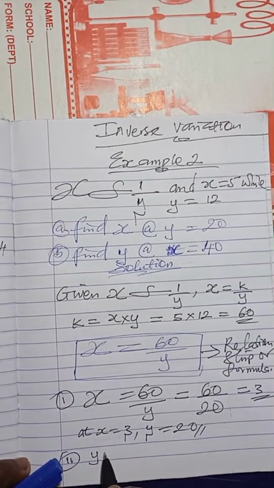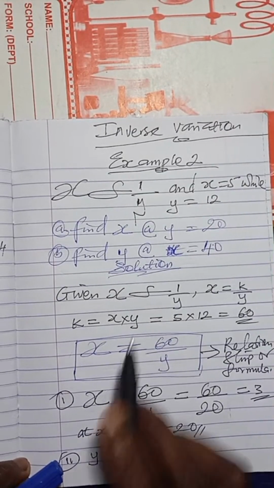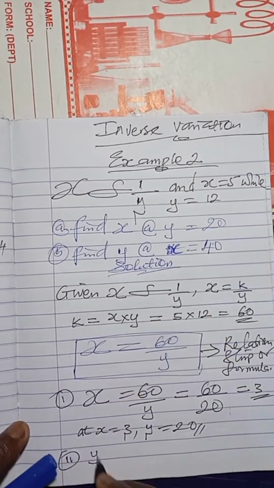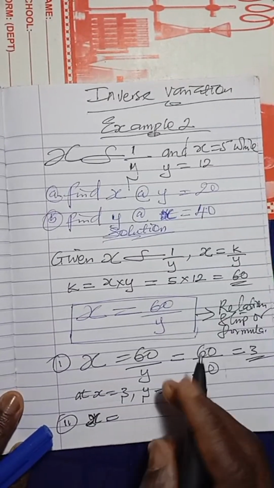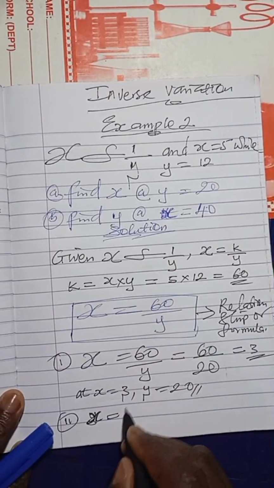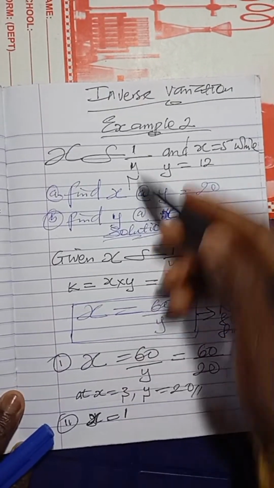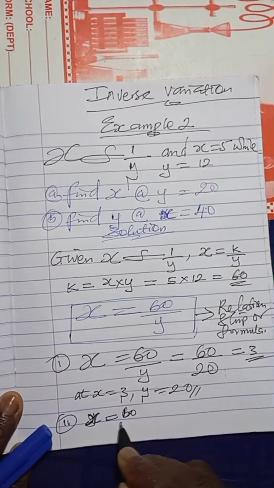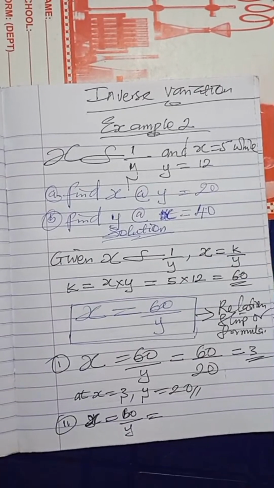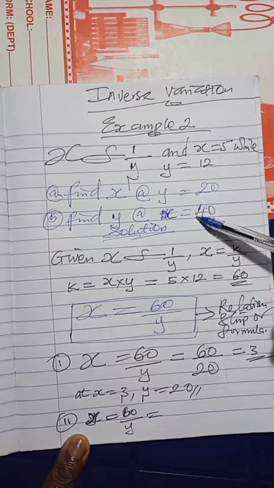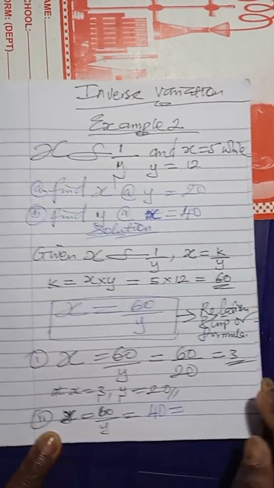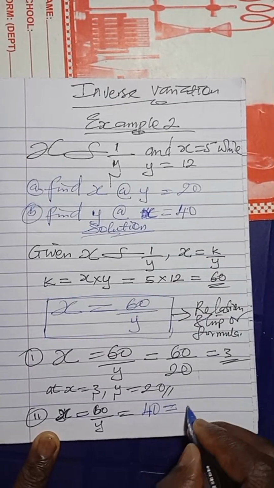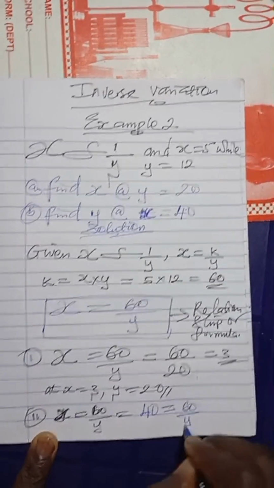Then we have here find y when x is 40. So I can have x is equal to, remember, 60 over y. So when you substitute the value of x, which is 40, is equal to, hope you can see it, 60 over y.